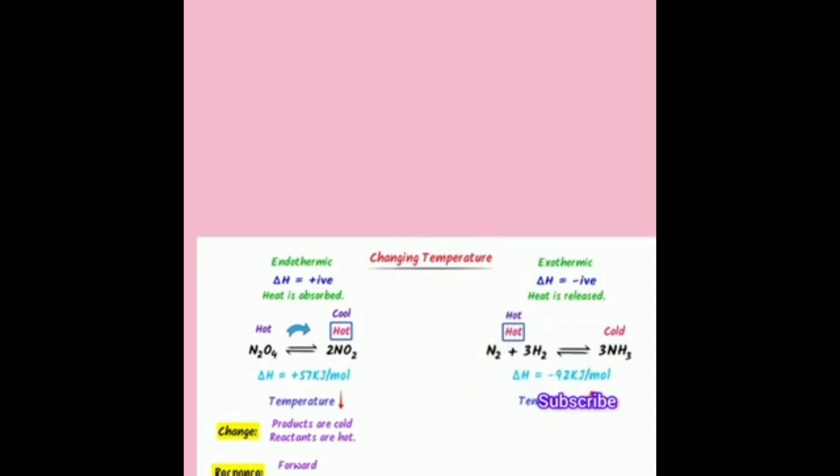So the change is reactant becomes hot and products become cold. Thus the response of the system will be equilibrium will shift in forward direction in order to produce more products to counter the effect of temperature.